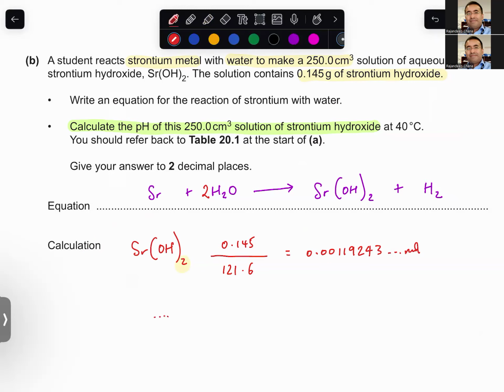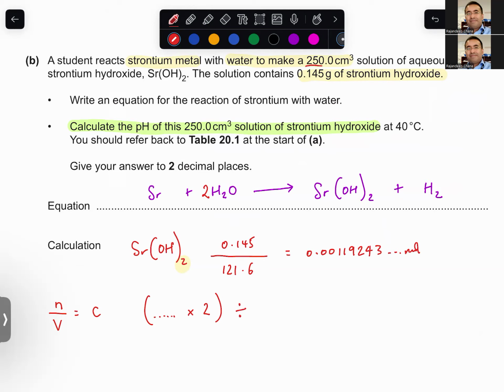So this answer, we multiply by 2. That gives us the moles of hydroxide ions. And then we do n over V is equal to c. We want to work out the concentration of hydroxide ions, and so we divide that by the volume.